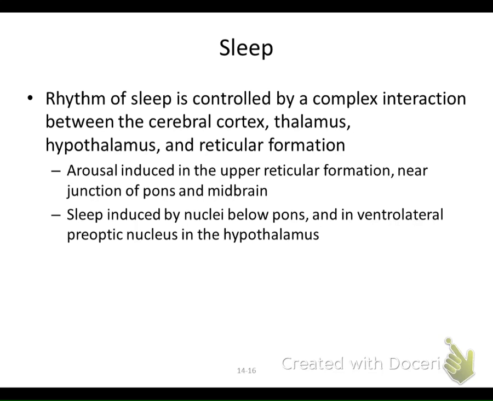So sleep, this rhythm of sleep, is controlled by all sorts of things. An interaction, again, between your cerebral cortex, the thalamus, the hypothalamus, the reticular formation. Where's that reticular formation? It's all the axons going up and down through the brainstem, the medulla oblongata.